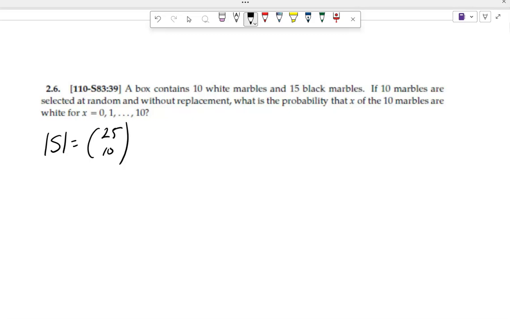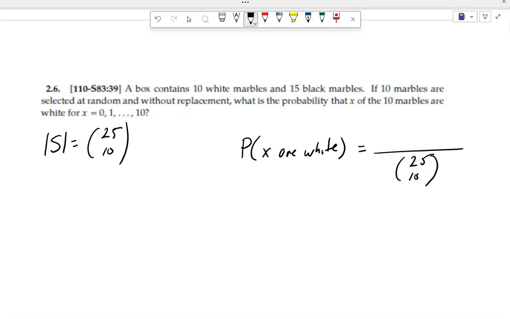All right, so now we need, this is going to be on our denominator, right? We want the probability that X of them are white. This will be our denominator. If we want X of them are white, how many ways can you choose X white balls, white marbles?